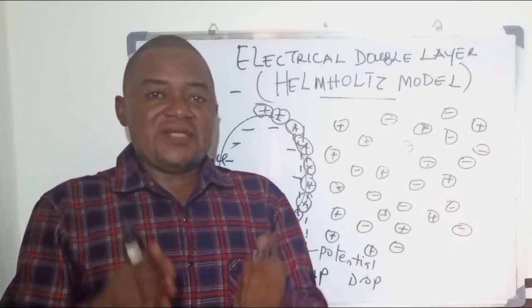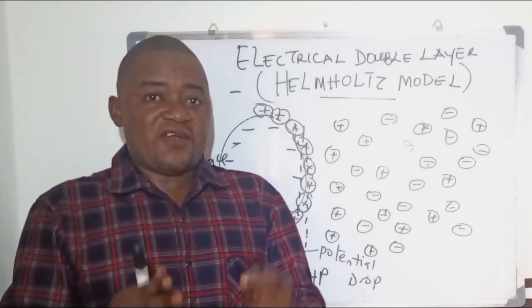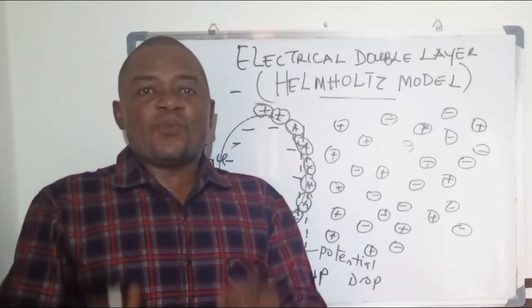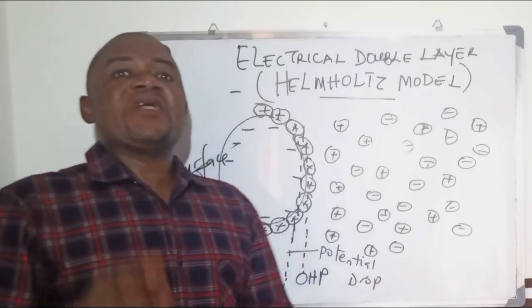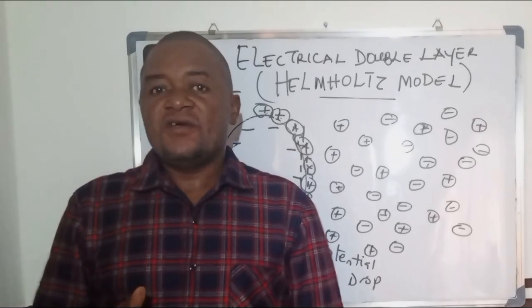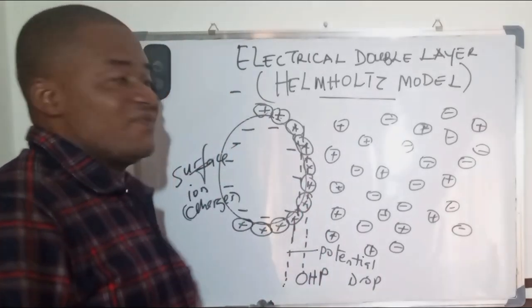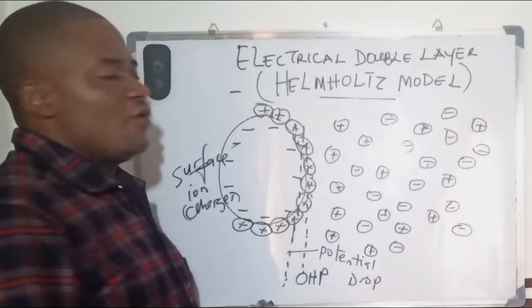Once these two surfaces are created, they are called the electrical double layer. And this double layer, once maintained, will always maintain the position of whatever reaction is taking place. That was done around 1850. So Helmholtz was the one who established it.